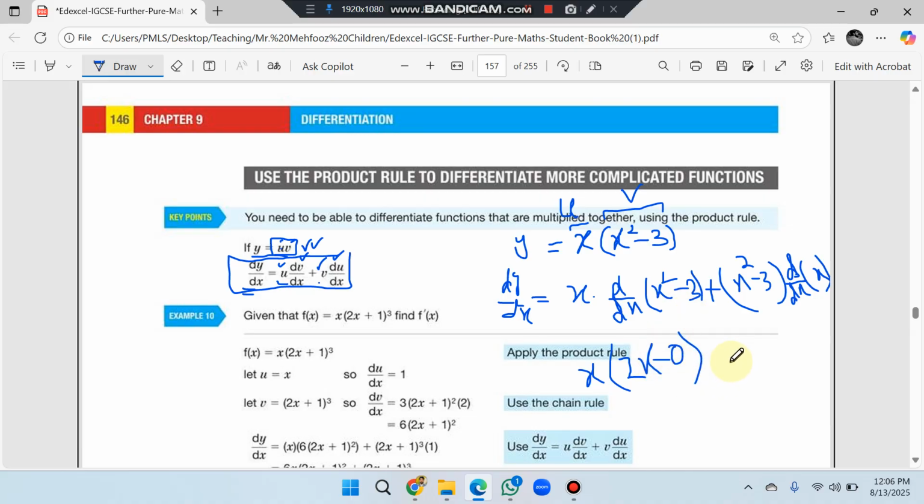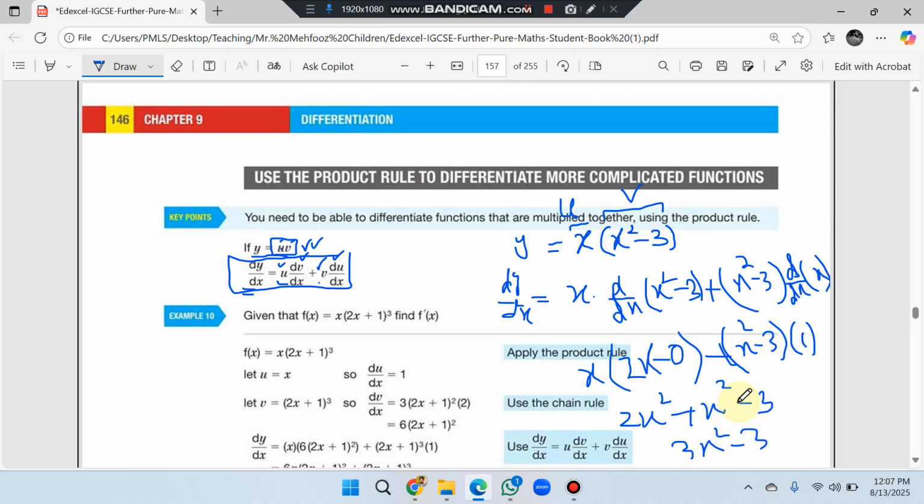So we can write it as again plus x square minus 3 as it is, and what is the derivative of x? That is simple 1. So we just multiply this x into this brackets, then you have 2x square plus x square minus 3. So your answer will be 3x square minus 3.